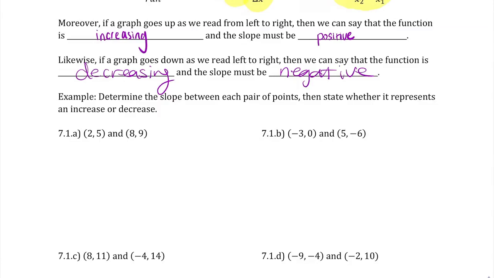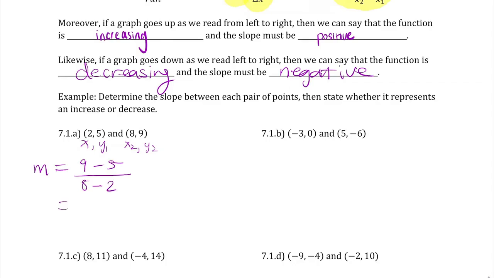Okay, so let's start here. If you want to label your points x1, y1, x2, y2, you can feel free, but you don't have to. Then you're just going to plug into our slope formula. I'm going to take my y2, subtract my y1, and divide by my x2 subtracting x1.